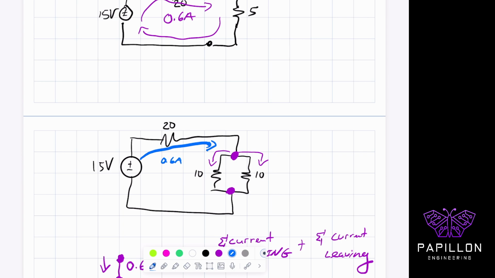And when it finally gets here around this bend, it reaches this junction point. Some of that is going to split here, some of that's going to split here, and then it's going to reconvene, right? And then it's going to go back to the 0.6 again. So temporarily it breaks apart or splits.